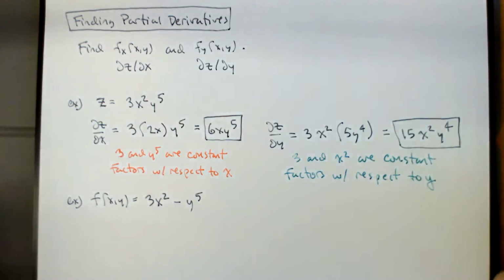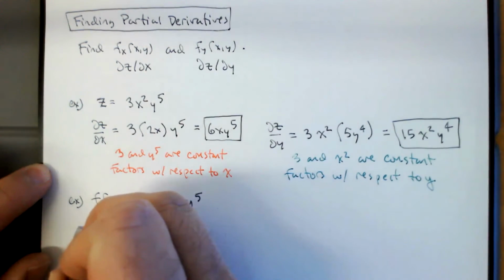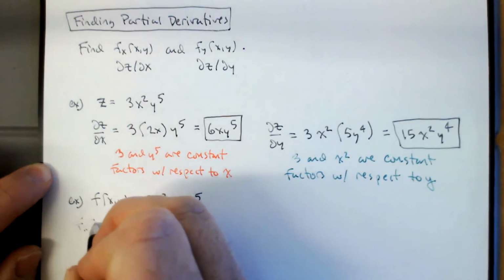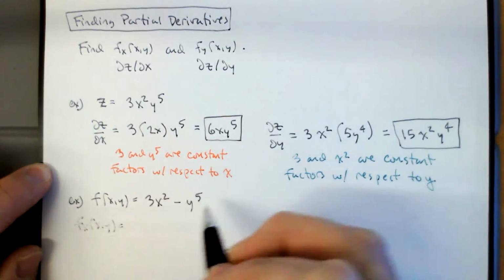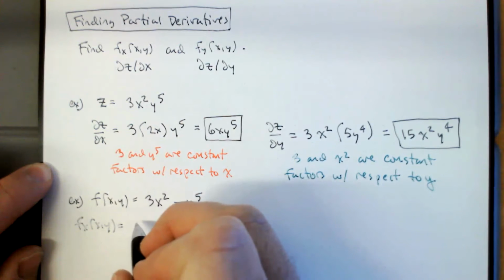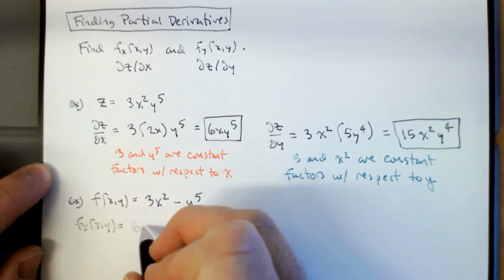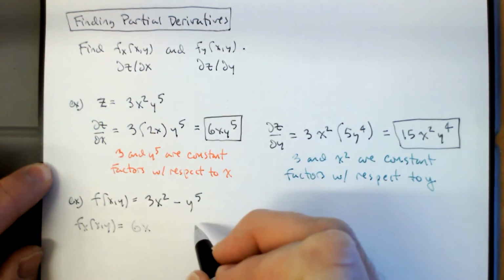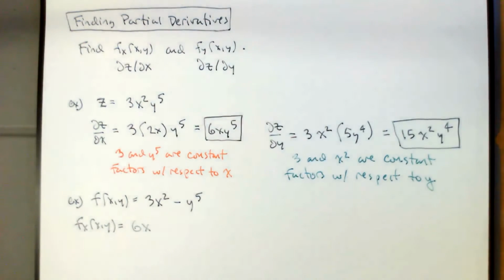So now if I want to calculate the x derivative, 3x squared is our function, and the derivative of 3x squared is 6x to the first. Y to the fifth is a constant term in this function. So the derivative of a constant term is 0.